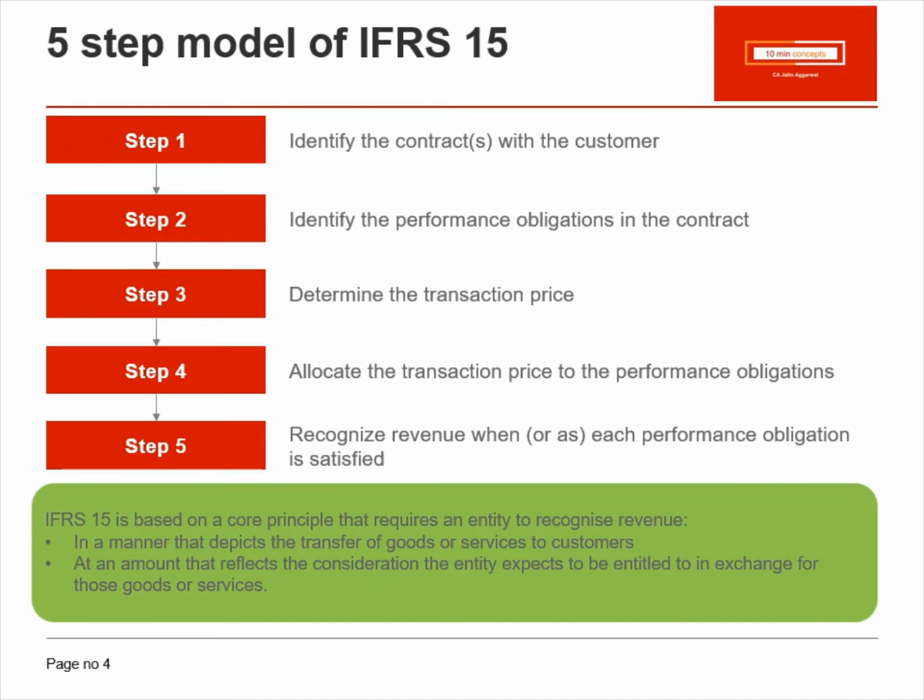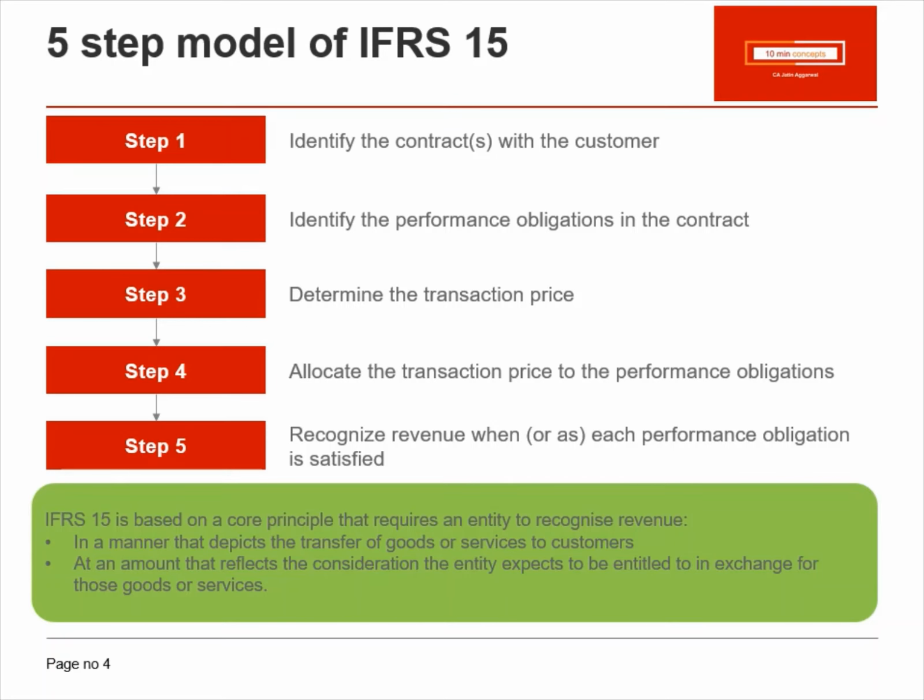In step 3, we determine our transaction price or total consideration in the contract. In step 4, we actually allocate the total consideration or transaction price that we identified in step 3 to the different performance obligations that we identified in step number 2.